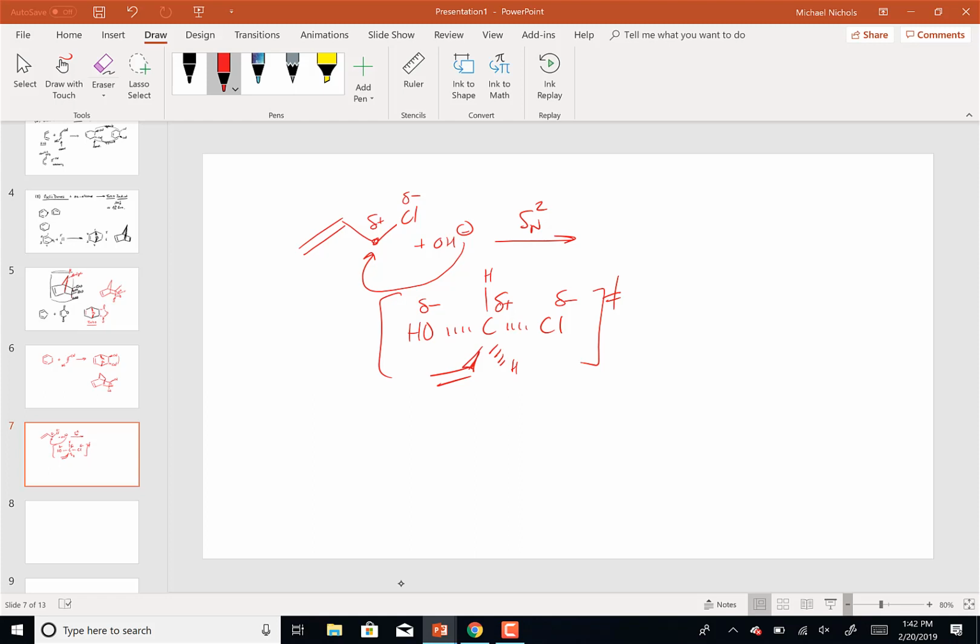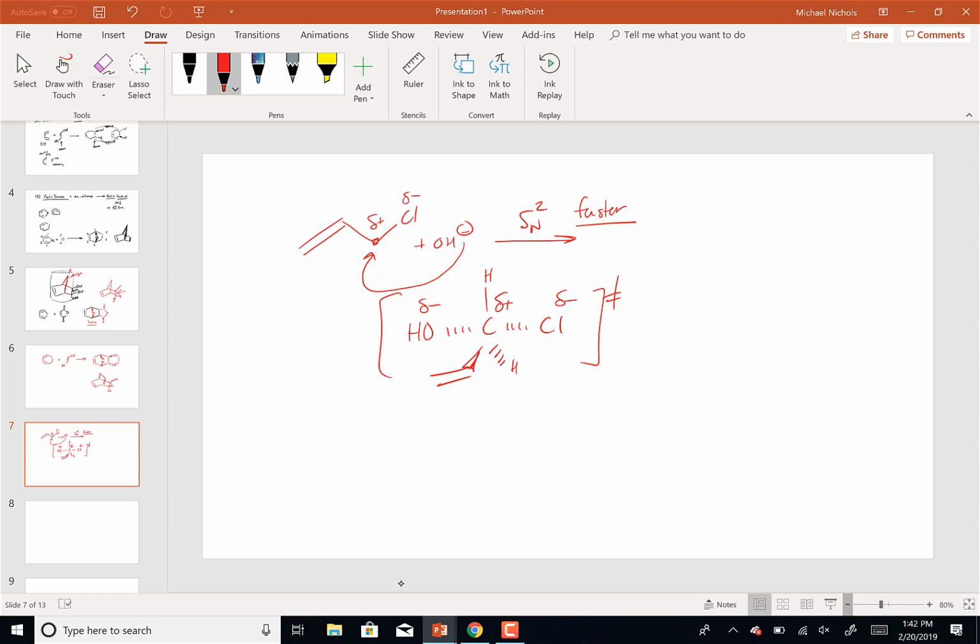And what it will do is lower the transition state energy, which in turn lowers the activation energy, which in turn makes the reaction go faster. So allylic halides will undergo faster SN2 reactions than if it wasn't allylic.